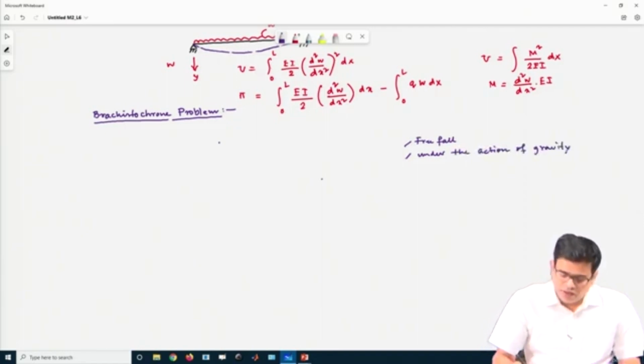The gravitational acceleration is constant, and one important thing is that it is frictionless. So friction is neglected.